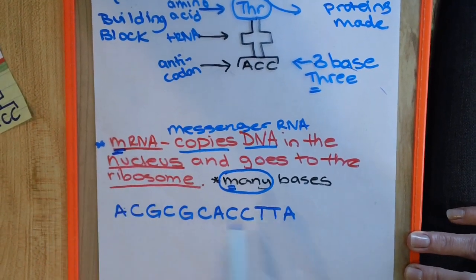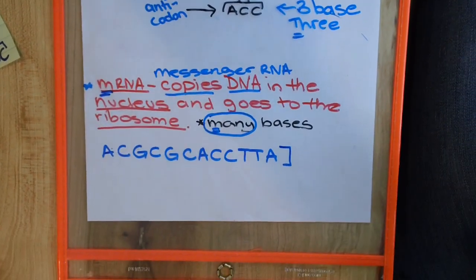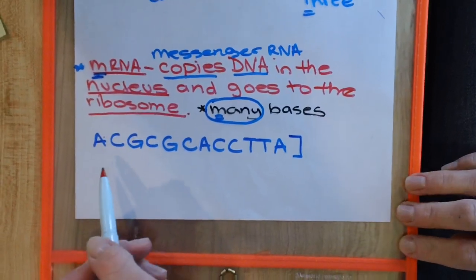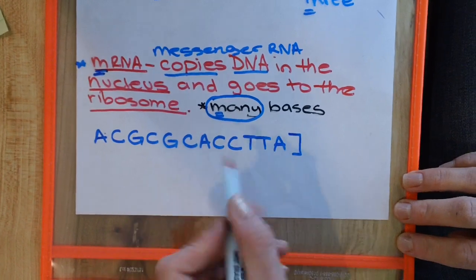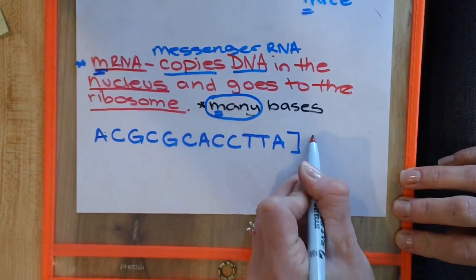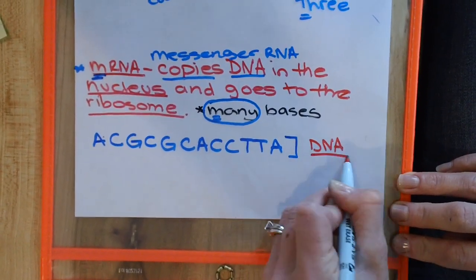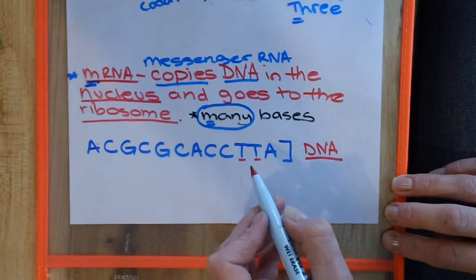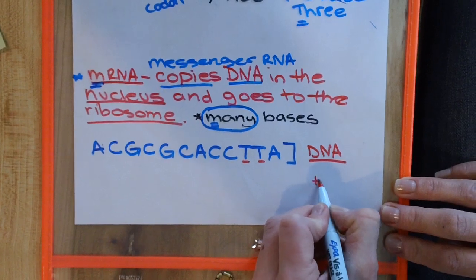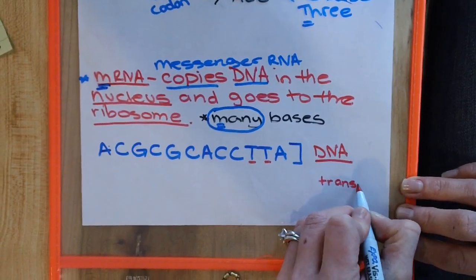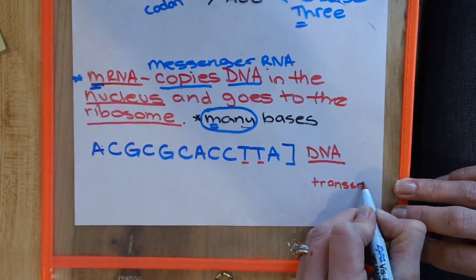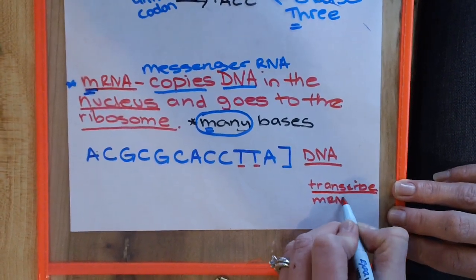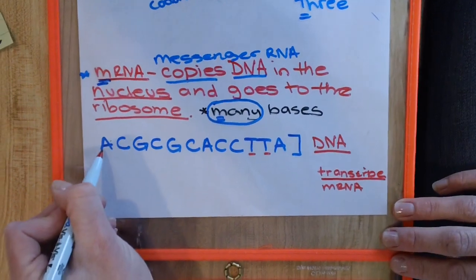So now here I have a molecule. Take a look at this molecule. What is this molecule? Did you think in your head DNA? If you did, you are correct because here you have T's and you have no U's. Well, we need to transcribe this into mRNA. So we need to write down the complements.